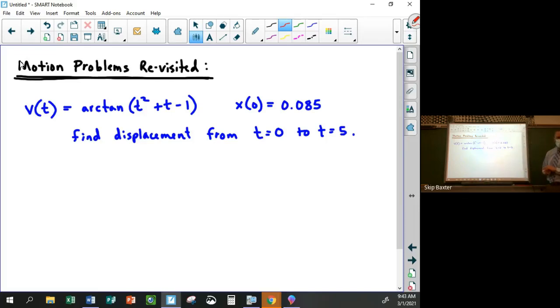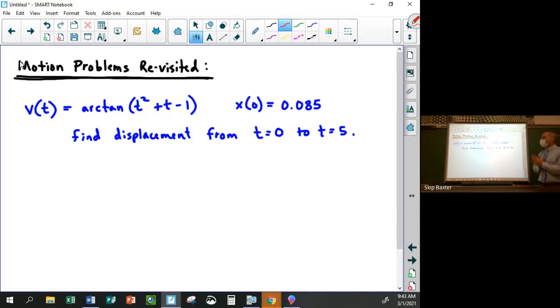So how do you find displacement? If you have the position at 0, this is position.